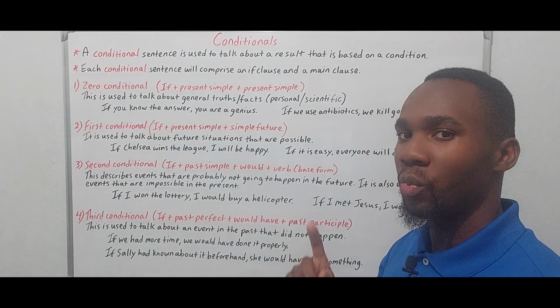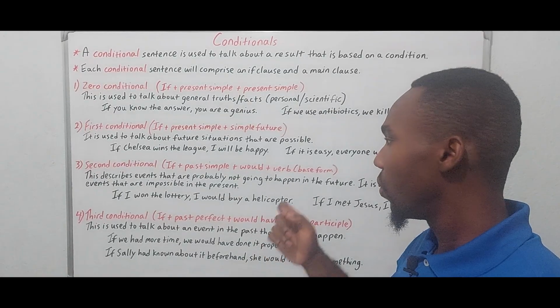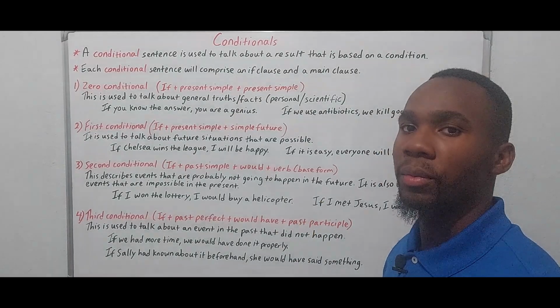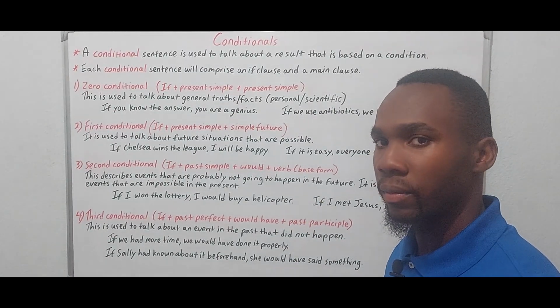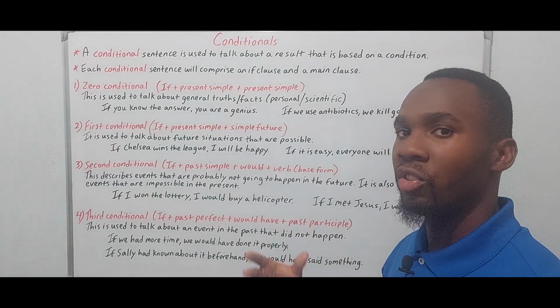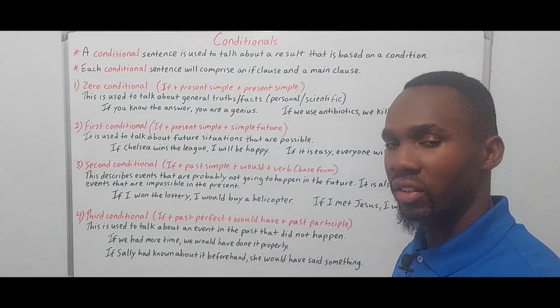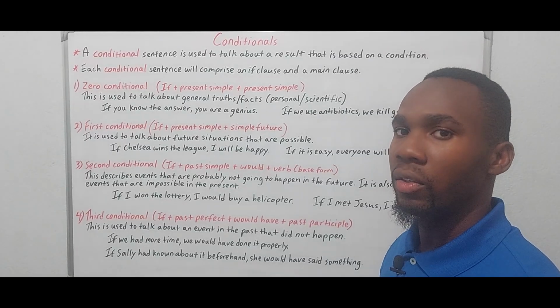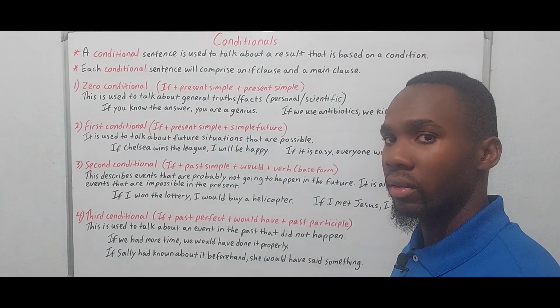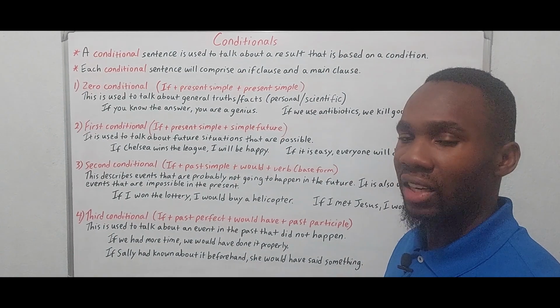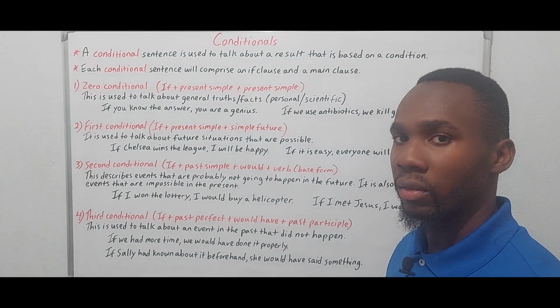Notice that I said were and not was. When we are using the verb to be in the condition, we always use were. We never use was. In conversations, we may say was, but it is actually correct to say were, right?